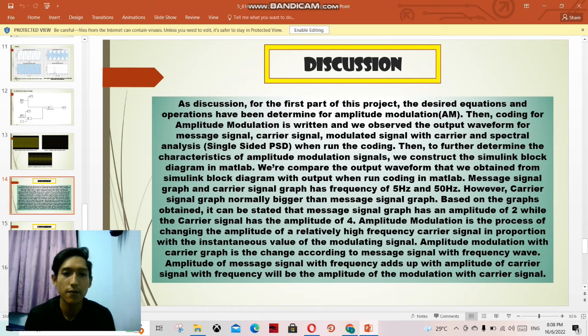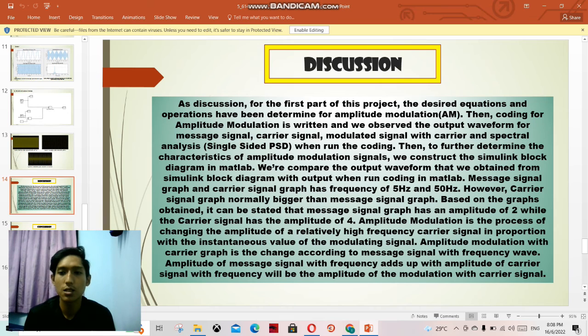The message signal graph and carrier signal graph have frequencies of 5 Hz and 15 Hz. However, the carrier signal graph is normally bigger than the message signal graph. Based on the graph obtained, it can be stated that the message signal graph has an amplitude of 2 while the carrier signal has an amplitude of 4.